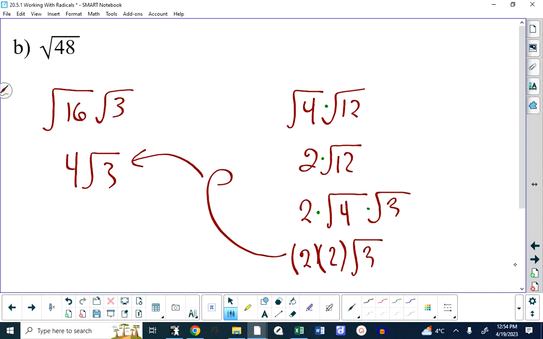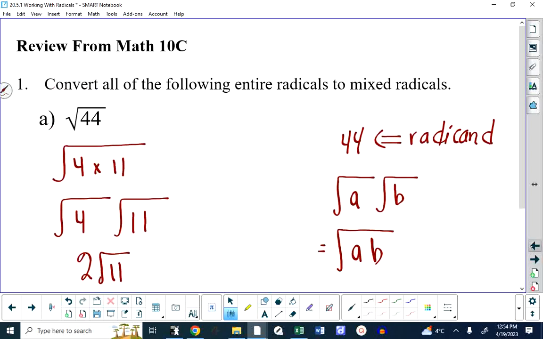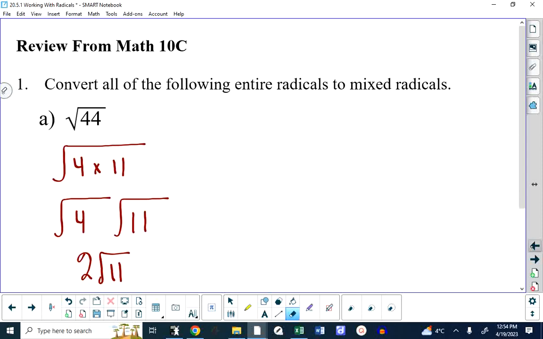So now I want to do one other thing. Well, let's do the third one, and then we'll do the other thing. The cube root, actually I better not do that. I want to go back to this one, A. Did anybody have a Math 10 teacher that said, what we are going to do is take 44 and write it as all of the factors of the prime numbers?